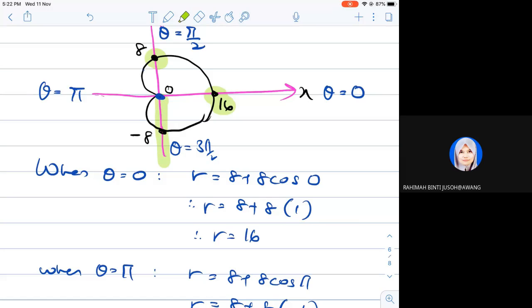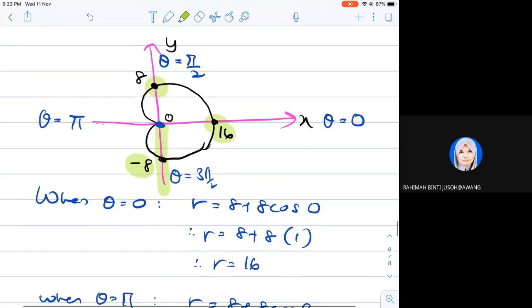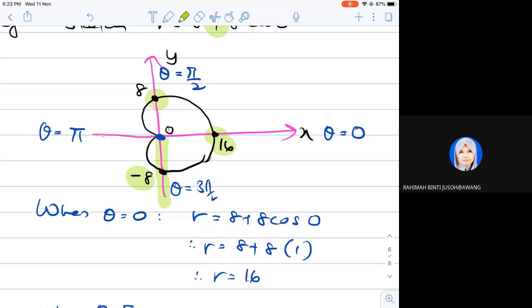Okay, so now in terms of notation, we need to put negative sebab kat bawah ni negatif paksi y, so that's why jadi negative 8 lah. Tetapi negatif ni bukan negatif radius. Negative 8 yang kat bawah ni adalah in terms of notation untuk paksi y. Just untuk notation, simbol. Sebab y tu dekat bawah jadi negative 8.